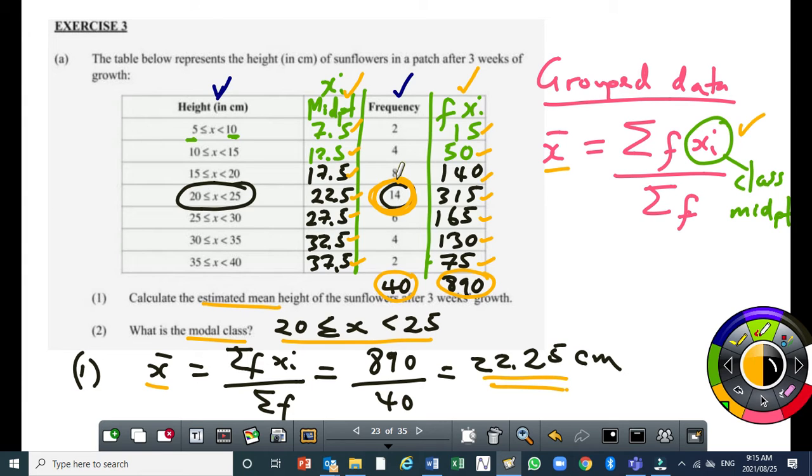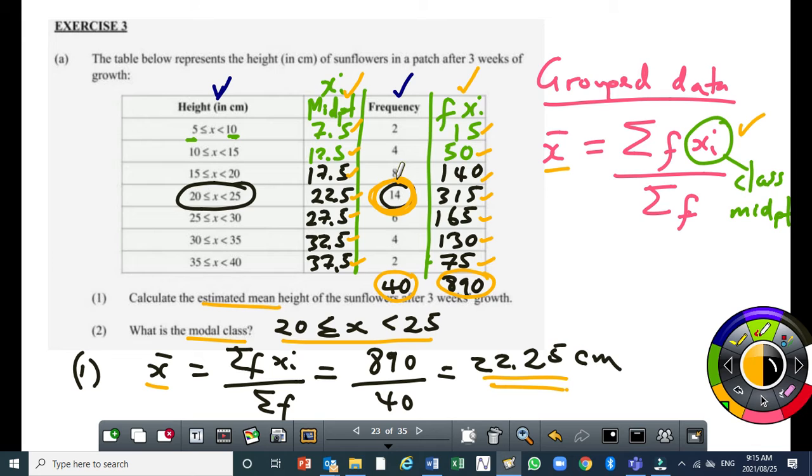Since that's the modal class, that's the class interval for the height. The one with the largest frequency will be the modal class. If it was ungrouped data, the one with the largest frequency becomes the mode. Here we say modal class because it's an interval.